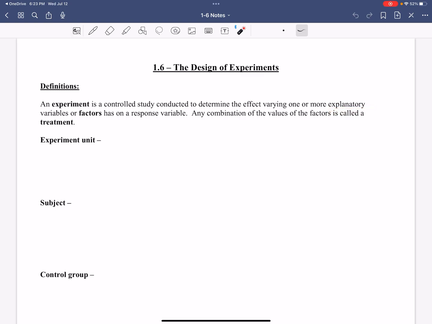Any combination of the values of these factors is called a treatment, all right? Okay, so let's lay this out. An experimental unit. So here's all the different components of an experiment. It's good to know what all these different pieces are, and then we're going to be able to put them together and see them in an example.